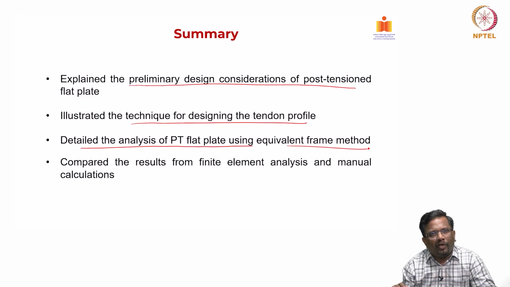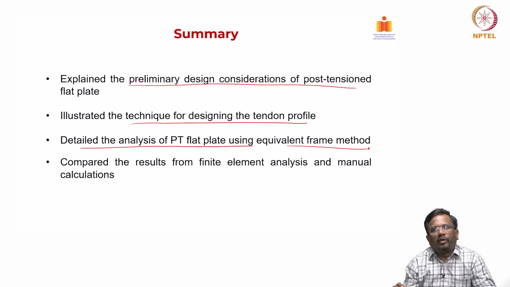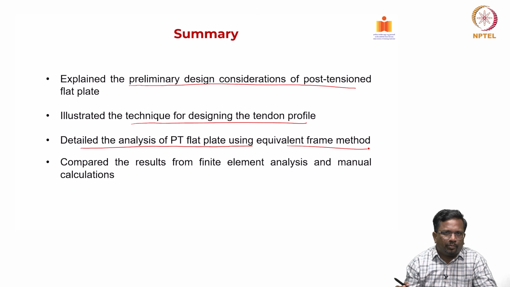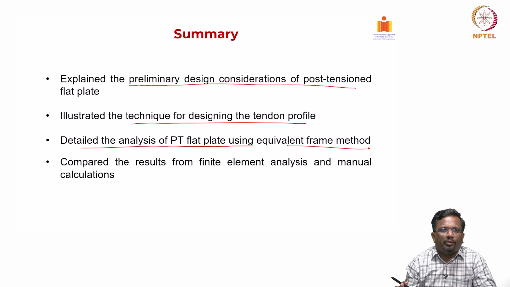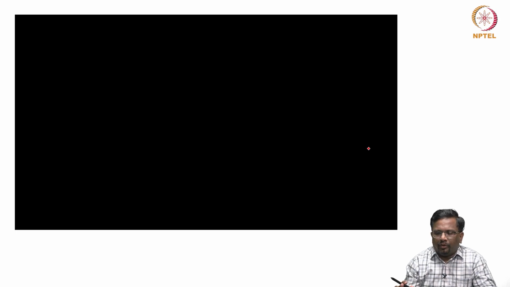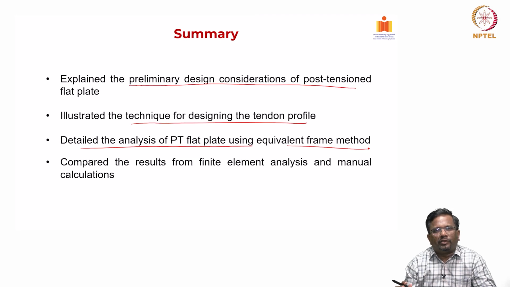Then finally, we compared the results of our manual calculations with finite element analysis, and we found that manual calculations in general are more conservative than the finite element analysis, but not from punching shear point of view. In punching shear, you have to get the demand from software results, and typically you have to do the manual calculations, particularly for the corner columns and the edge columns, where you may get erroneous results, and we need to be careful with that, right. So, with that we are completing this module.